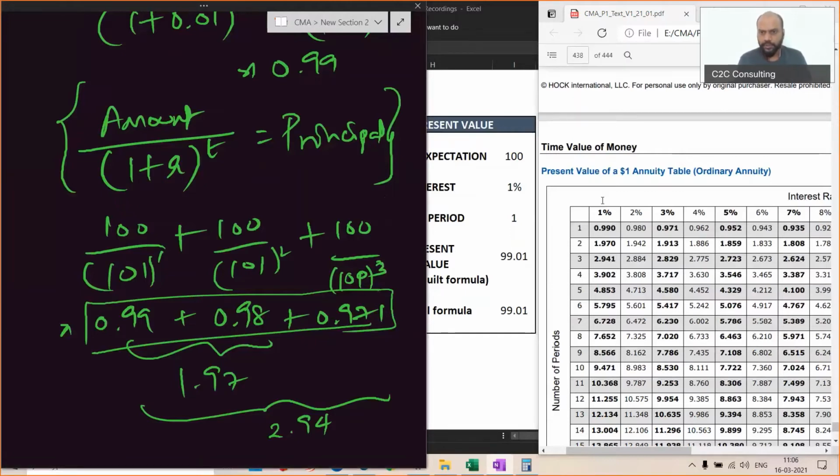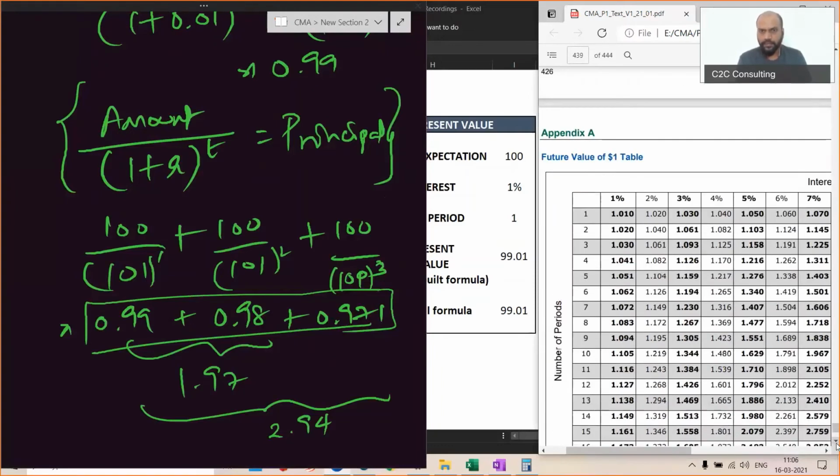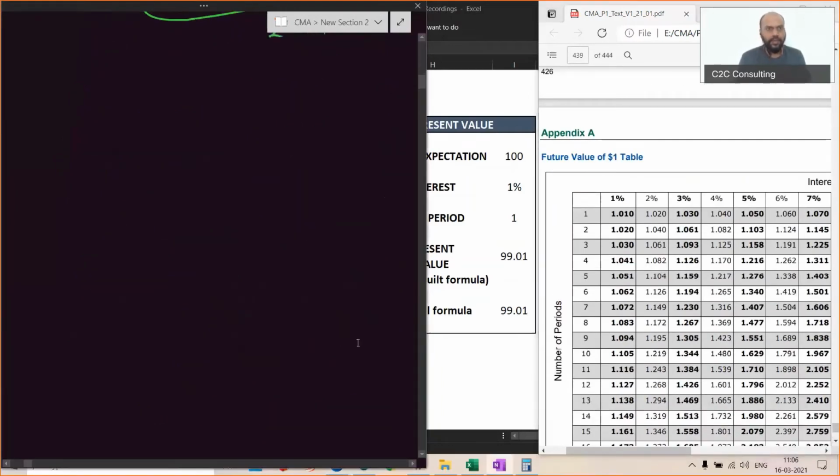Now let's move into future value. Again, we said amount is a function of principal into 1 plus r to the power of t. So if I want to find out the future amount, if I know how much I need to invest today, the principal, I'll just directly use this.